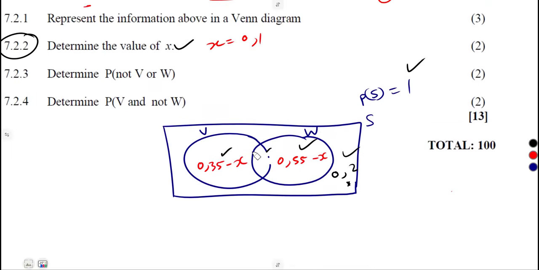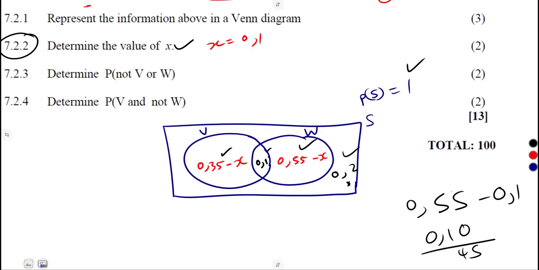We're going to put it there. 0.55 minus X is going to be 0.45. So we substitute everything. 0.35 minus X is going to be 0.25. So by doing this, it's going to be easier than saying we've got that and then starting to substitute the X later on.